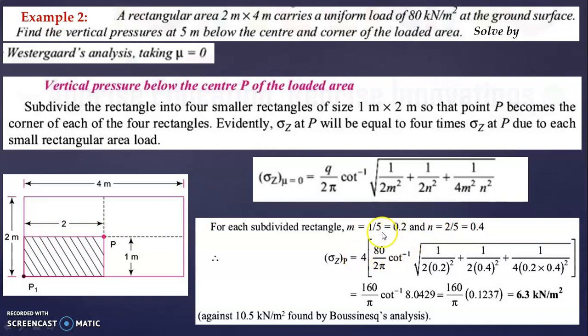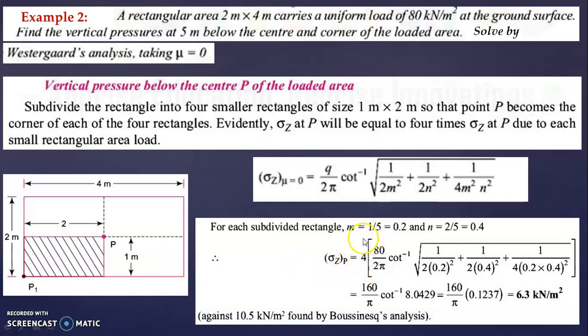Now we have m and n values: m is equal to 0.2 and n is equal to 0.4. Substitute in this equation: sigma z at P is equal to 4 into the expression, because we are calculating for one sub rectangle, it has to be multiplied by 4 rectangles.